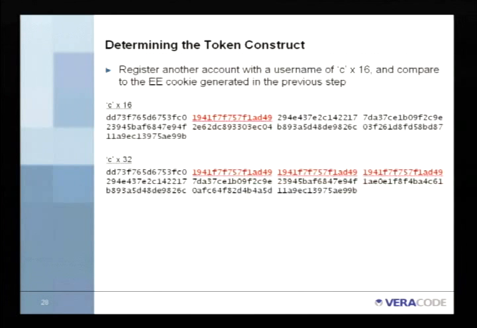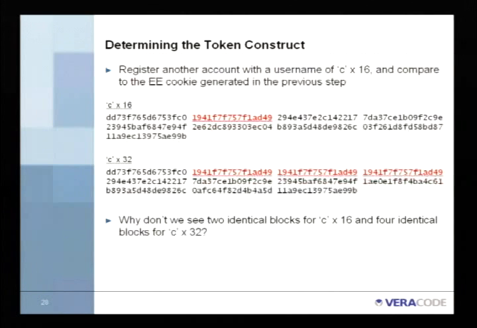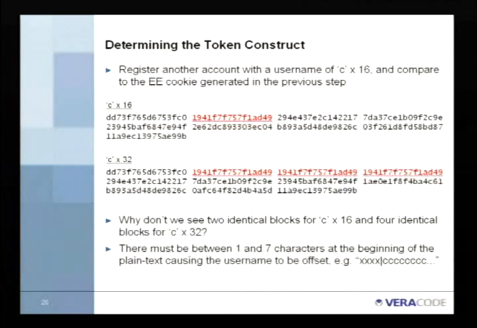The question you might ask yourself at this point is, for the C times 16, why don't we see 2 of those? And for C times 32, why don't we see 4 of them? So the guess here, the theory at this point, is that maybe the boundary where the username starts in the plaintext is not exactly on a block boundary.